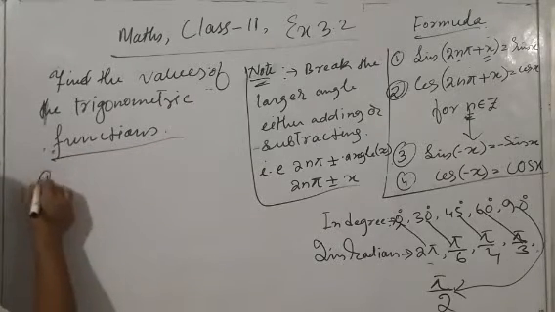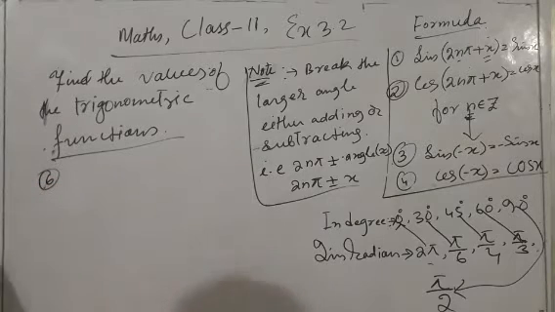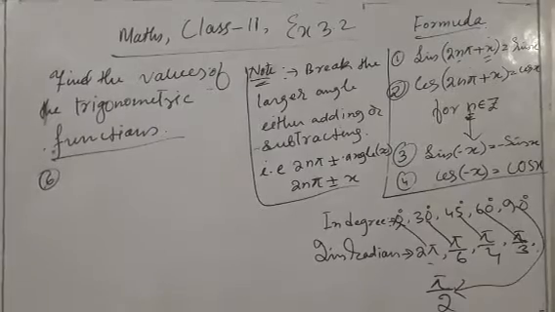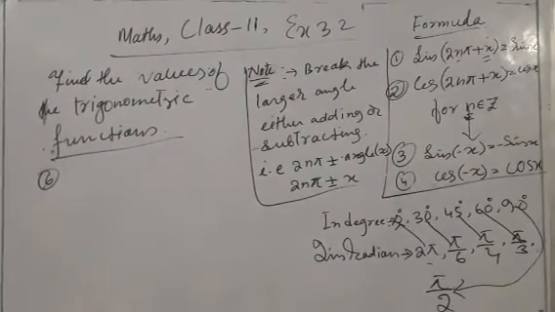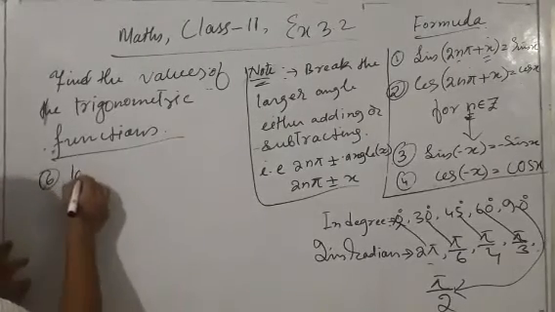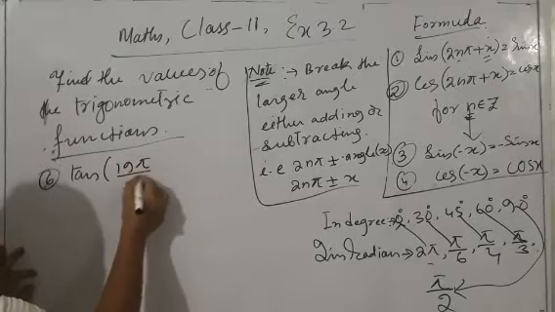That is question number 6 or 7: find the value of the function of 19 pi by 3.